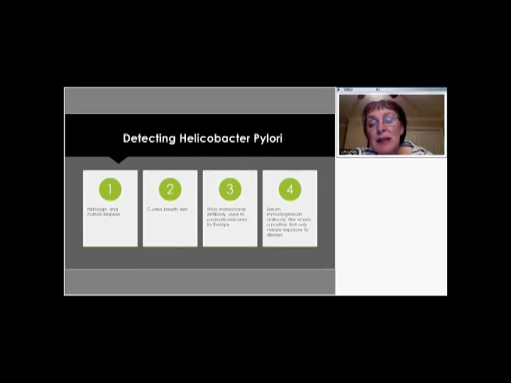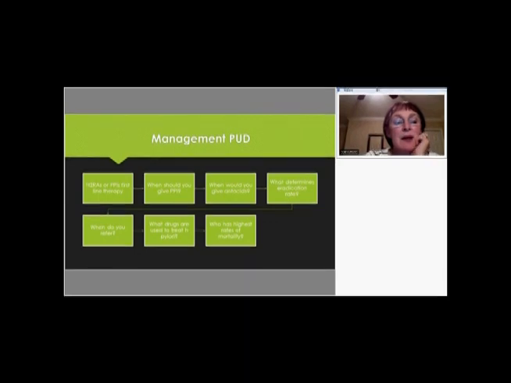It doesn't really tell you if you still have it or not. And then a stool monoclonal antibody says that you're responding to the therapy. So one of the problems with detecting H. pylori is that you get a lot of positive tests that aren't really positive. So it's a little bit of a difficulty in diagnosing this. But the treatment is pretty effective.